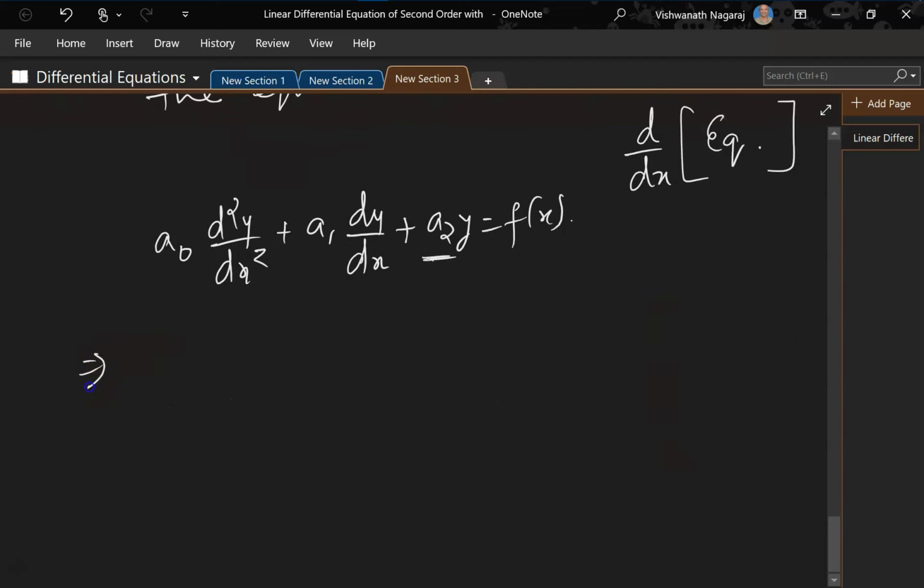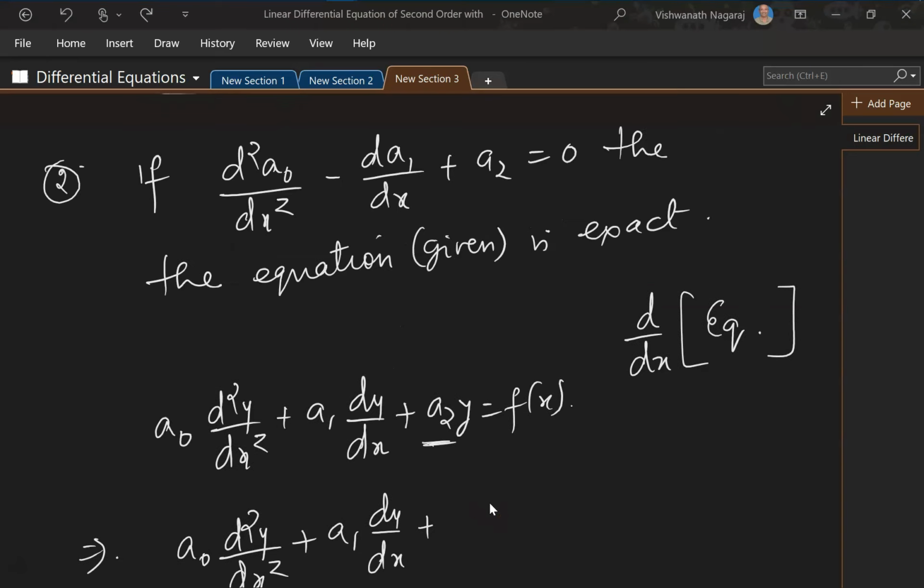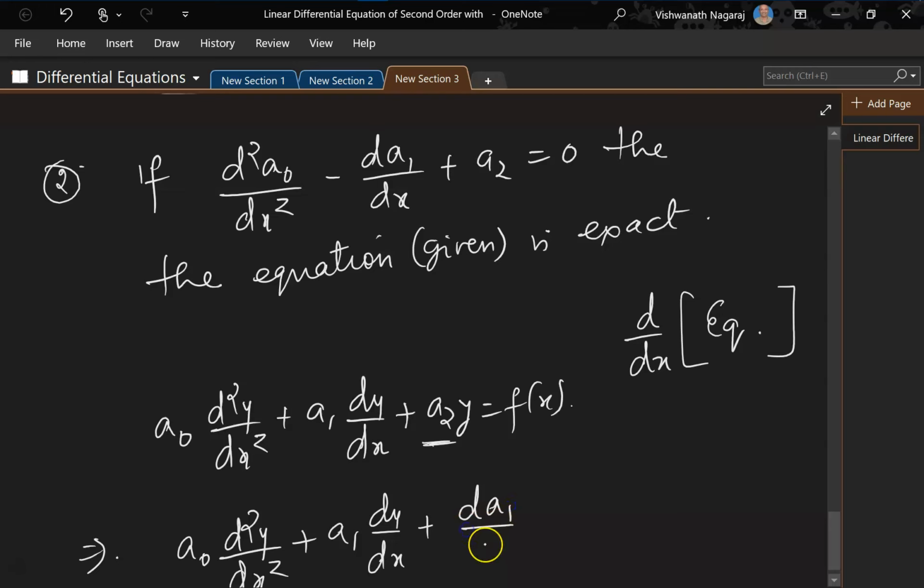So this implies a naught d2y by dx square plus a1 dy by dx plus a2 can be written as dA1 by dx minus d2A naught by dx square. So what I did was I took it to the other side, so it became plus. This I took to the other side, so it became minus. Right? Is equal to f of x.